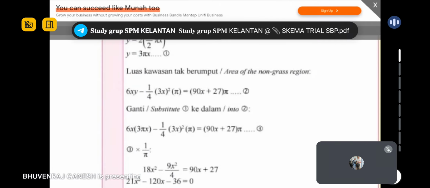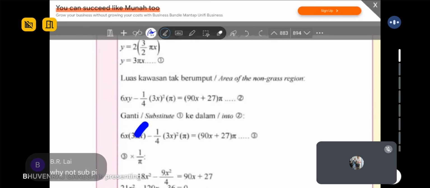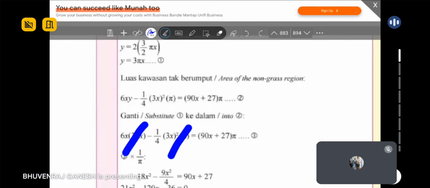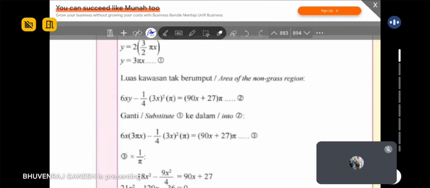Pi variable you can eliminate, guys. Kamu boleh hapuskan pi. Can you see? Pi. When you have pi on left hand side and right hand side, you can cancel off already. No need to sub because you can cancel off over here. It's a common term. So you don't need to sub any value. You cancel off each other.